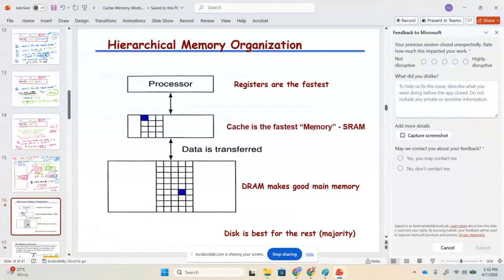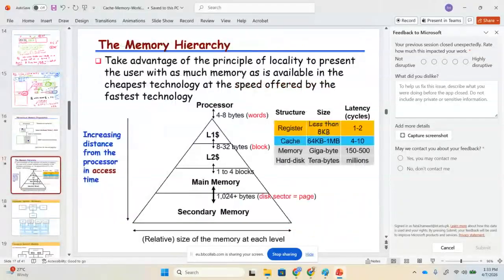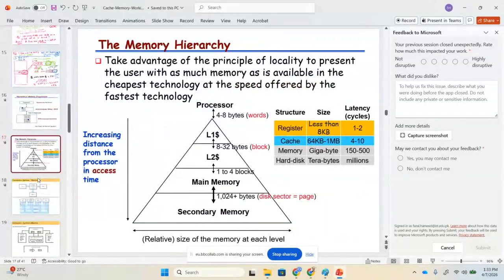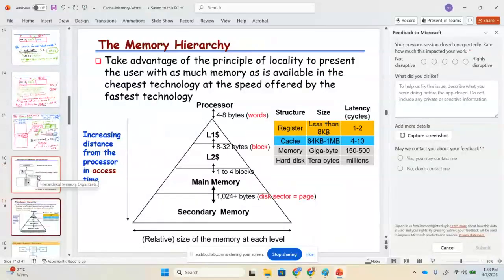Okay, so now if you look here, we have a level of hierarchy. Registers are the fastest and smallest, and cache is the faster memory which is used in between the processor and main memory. Got it or not got it? So now I'm not writing anything, I'm removing this.